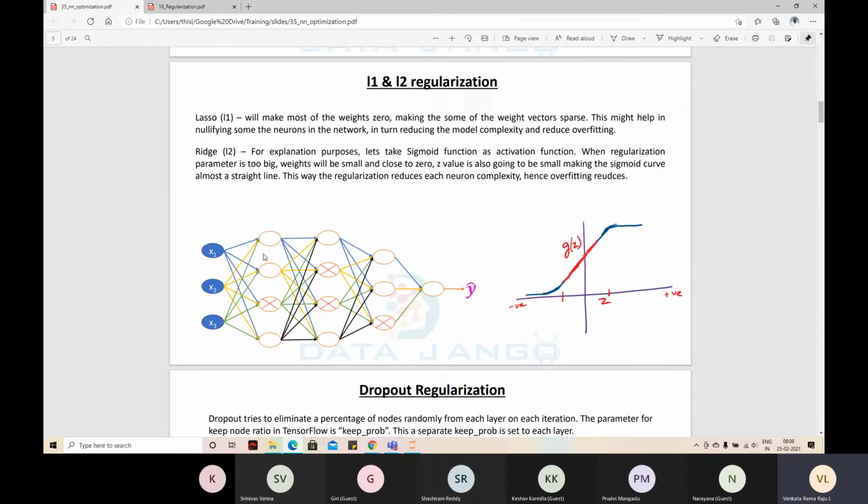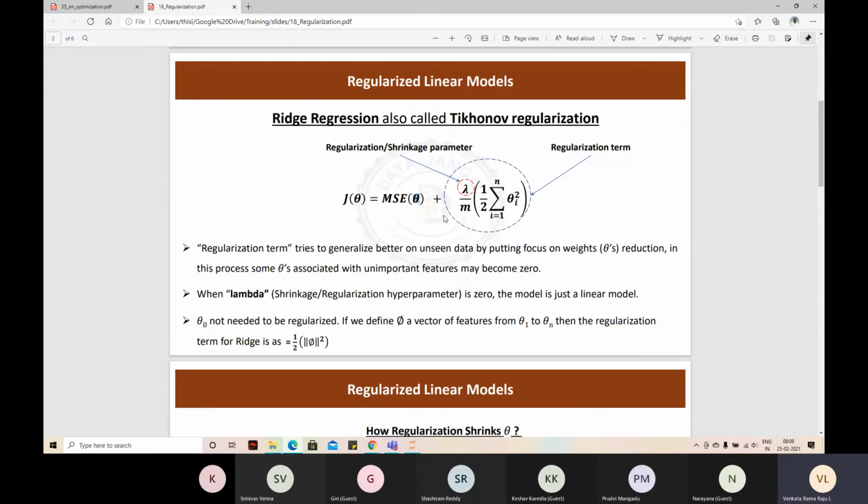In this, there are outcomes from the nodes, and there are weights going into the nodes. In deep learning, there is a facility to apply regularization on the weights only and on the outputs only. Here we are applying regularization on the total model, I think.